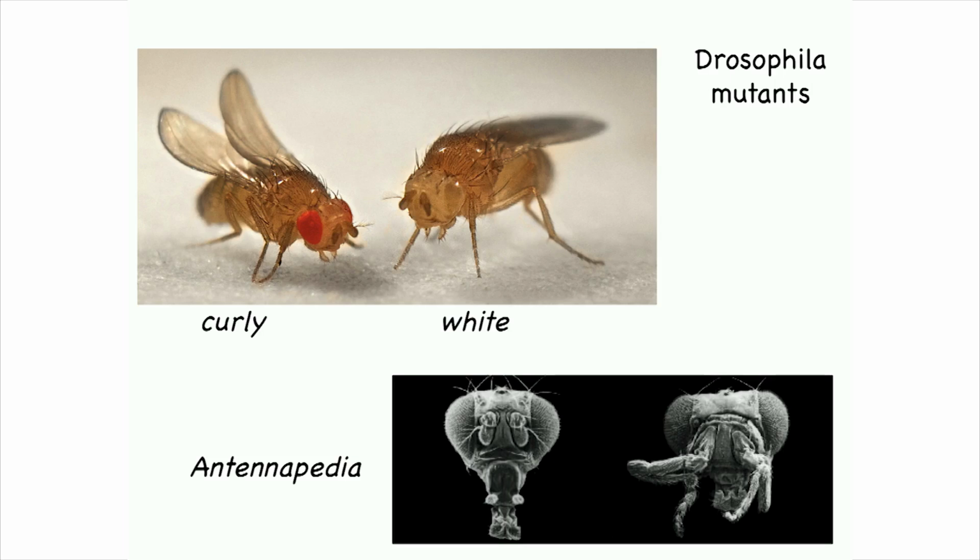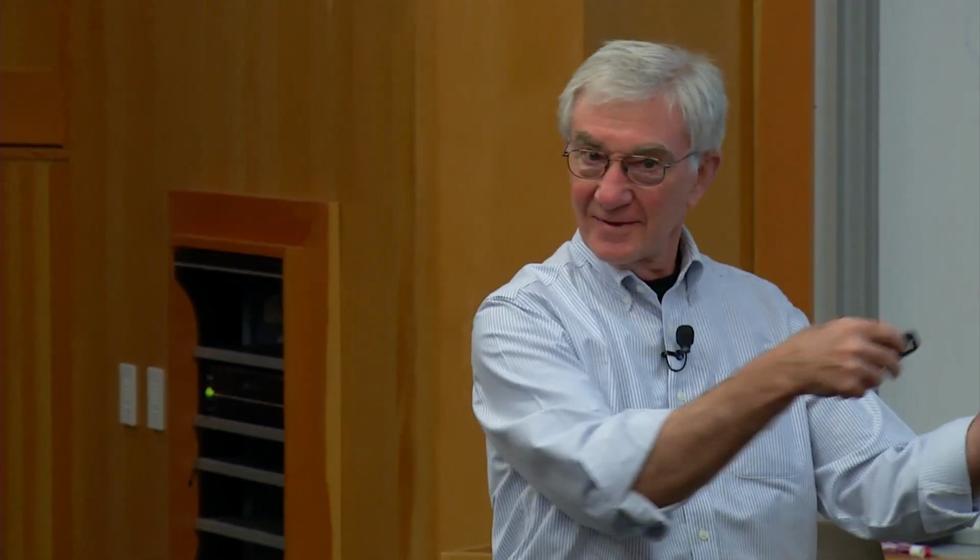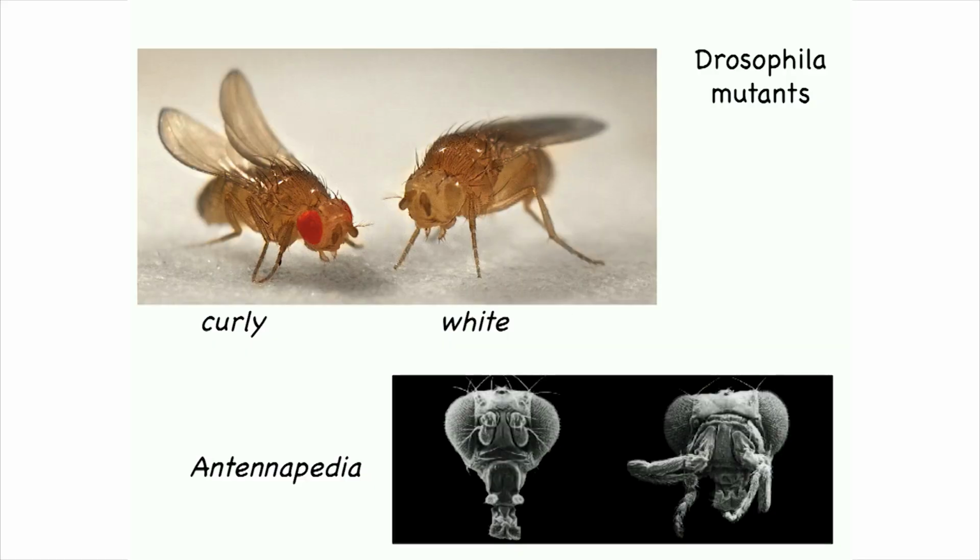This is the white mutation. One we use quite a bit is a dominant allele called curly that makes the wings curl up like this. And there are chromosomes that are marked with curly, and you can trace the inheritance of that particular chromosome through infinite lineages just by the fact that the wings have this odd appearance, and it's a single allele.